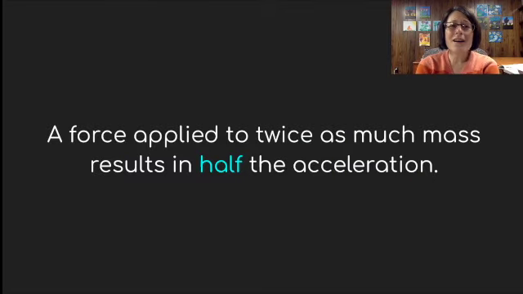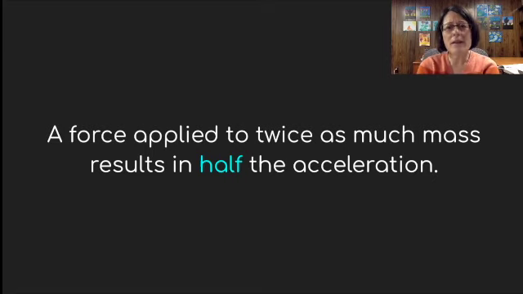So let's say a force is applied to twice as much mass, and that results in half the acceleration. Let's think of some things that are about the same size, like a basketball and a bowling ball. Or we could even say a volleyball, which is maybe closer to the same size as a bowling ball.